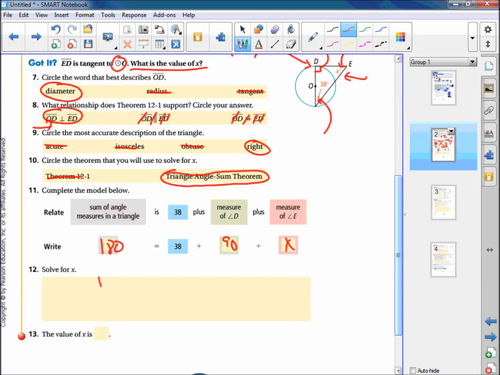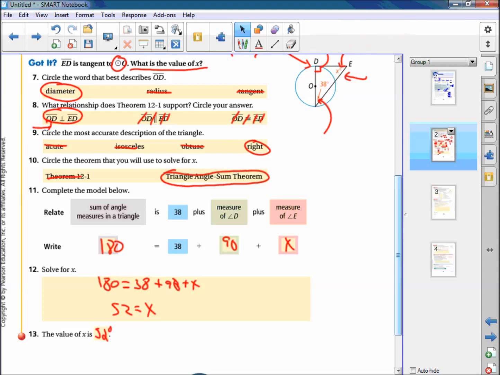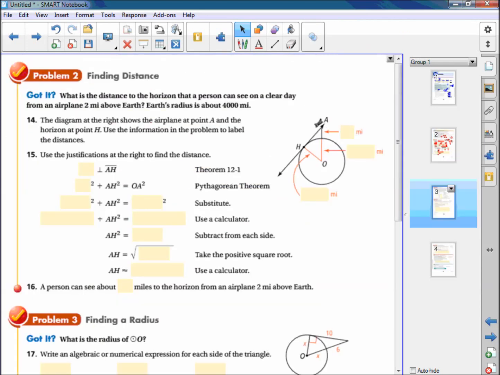So we have 180 equals 38 plus 90 plus x. If we subtract 38 and 90 to the other side, we're going to get x is 52. So the value of x is 52 degrees. Let's flip it over and check out page 3.